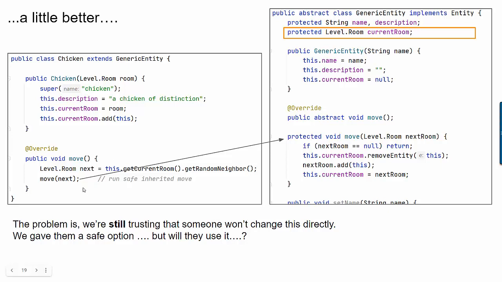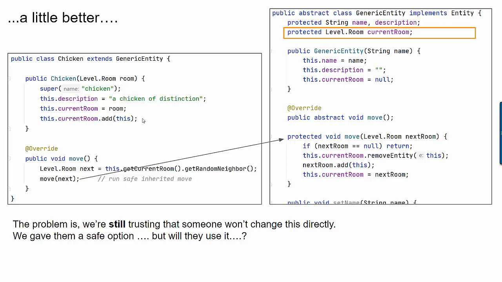We've made it easy for them to do the right thing by running the inherited move, but we're not preventing them from doing the wrong thing because they can still access this current room variable. If for some reason they didn't know about the move method or they didn't want to use it, they could still, look, I'm doing it right here. I could still say this.currentRoom equals room. What if I'd forgotten this line in the constructor? What if I'd forgotten to say current room add this? Now the world is inconsistent again.